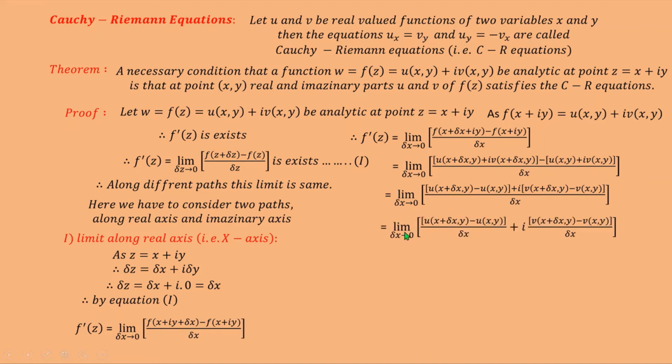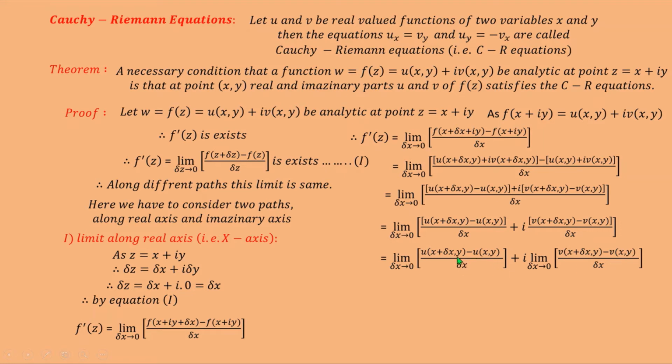So this is equal to limit delta x tends to 0, u of x plus delta x y minus u of xy upon delta x plus i outside v of x plus delta x y minus v of xy upon delta x. Now separate limit also, and so this is equal to limit delta x tends to 0, u of x plus delta x y minus u of xy upon delta x plus i outside limit delta x tends to 0, v of x plus delta x y minus v of xy upon delta x.